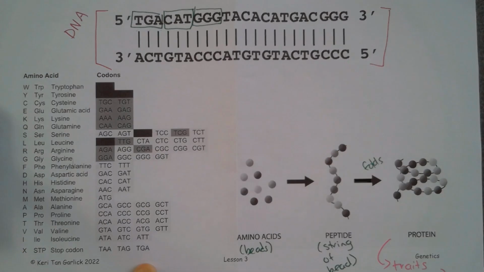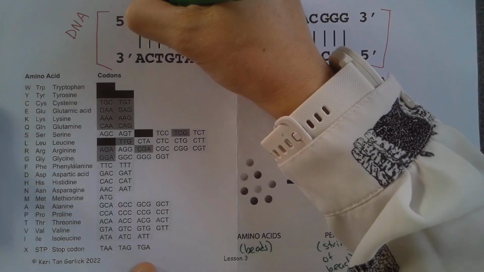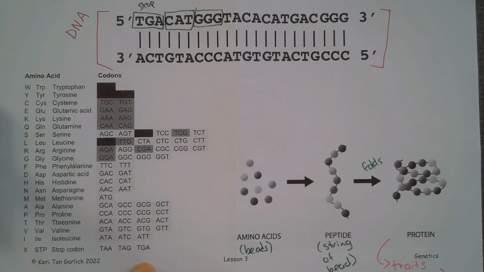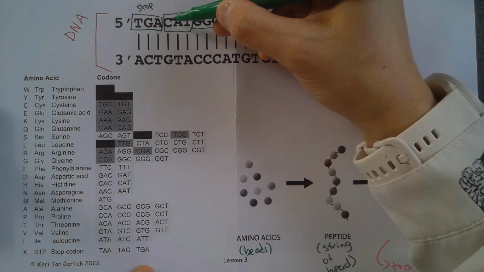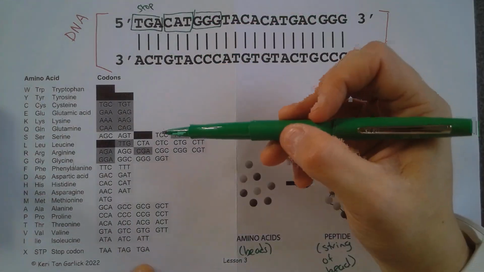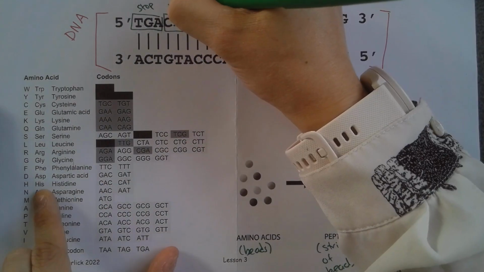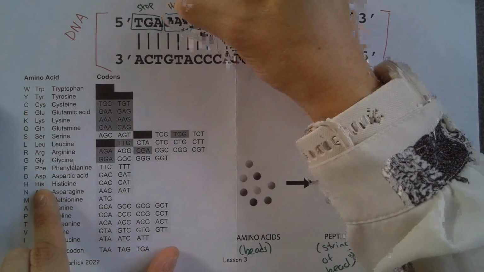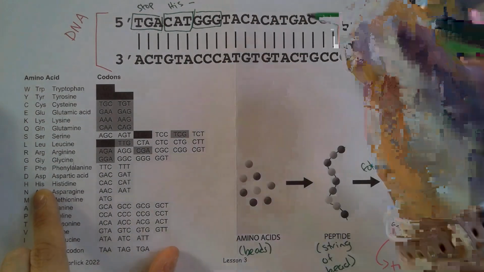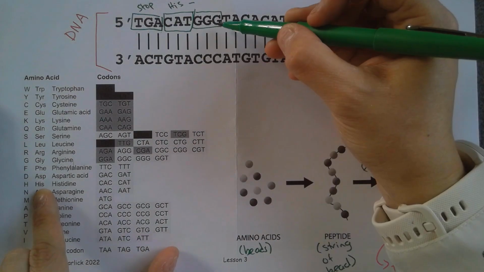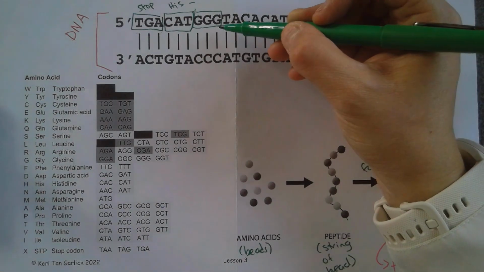There it is. That tells me stop. If I look for CAT, there it is. It tells me to grab histidine in that sequence. And then it wants me to grab GGG. If I look for GGG, it tells me to grab glycine.